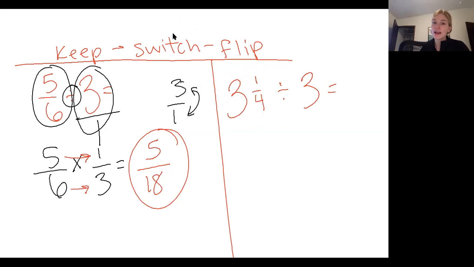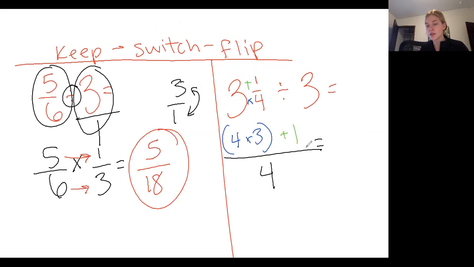And in order to do that, you need to multiply the denominator and whole number. So 4 times 3. And then we're going to go ahead and add the numerator. Take this over the denominator. And the denominator in this is 4.